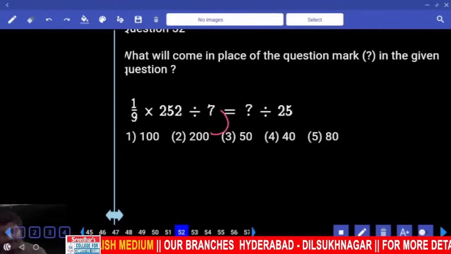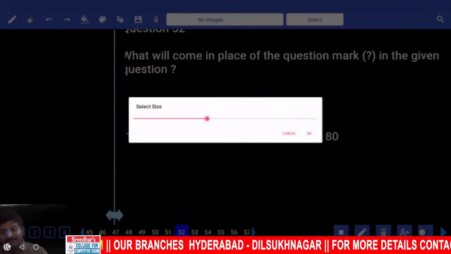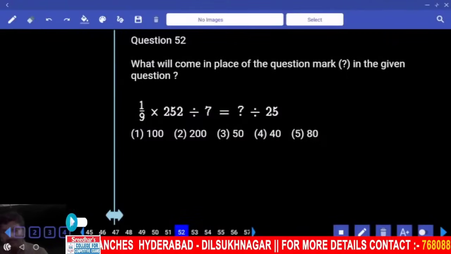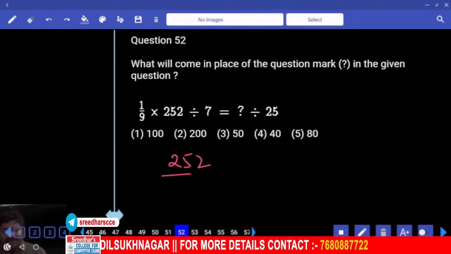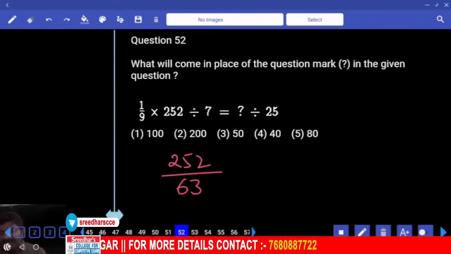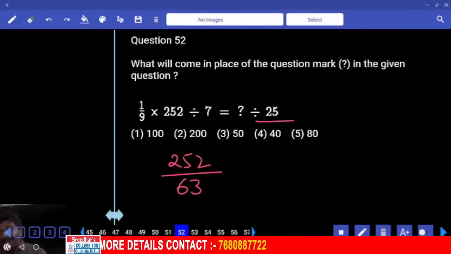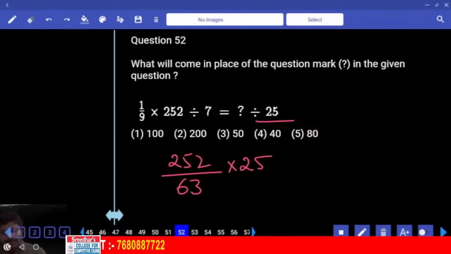7 comes in denominator. Already one number is there in denominator. Which is that? 9. 9 into 7. So let me treat it as 252 by 63. Divided by 25 comes to left hand side from right hand side. Becomes into 25. 63. Last digit verification. 4 times into 2500.